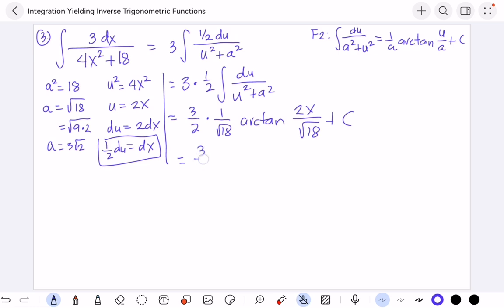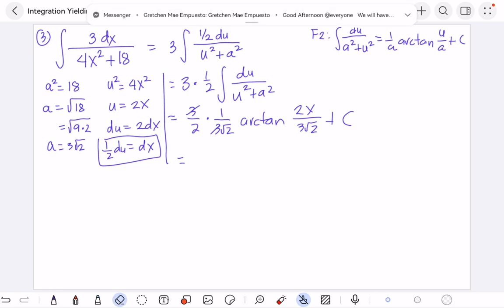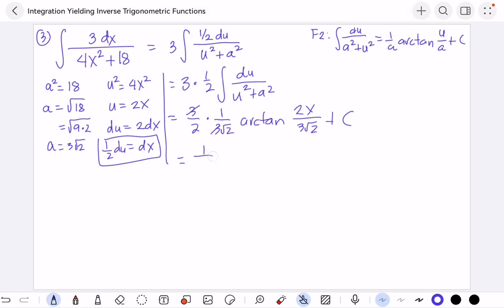3 over 2. We already solved the square root of 18, so let me just change this to 3 square root of 2. This will cancel out, and rationalizing the denominator, I will have 1 over 2 square root of 2 arctan of 2x over 3 square root of 2 plus c.